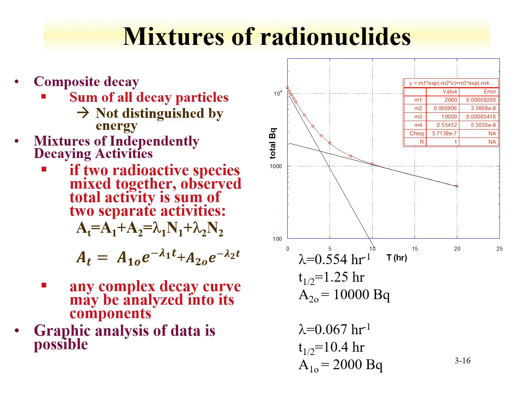We can rearrange this equation where we have the activity at any time t equal to the initial activity of isotope 1 times e to the minus lambda 1 t, plus the initial activity of isotope 2 times e to the minus lambda 2 t. We can take this equation and then solve for this line.